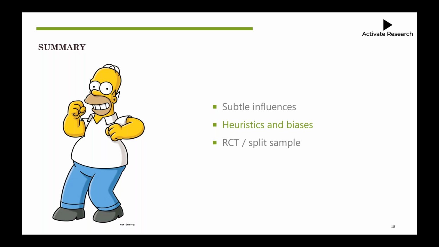However, the caveat is that many of these biases in particular are things that people are not necessarily aware of or able to tell us about. And so quantitative research can help to unearth some of these harder to reach influences through methods such as randomized control trials or the split sample approach.